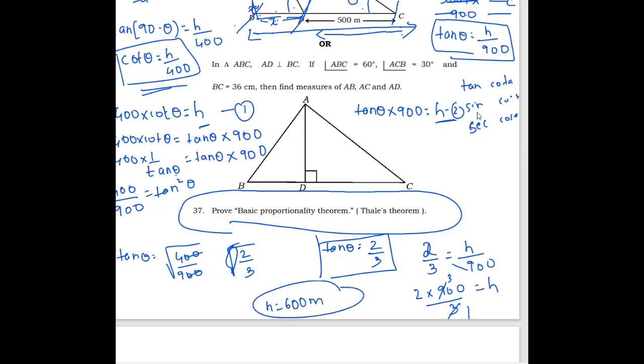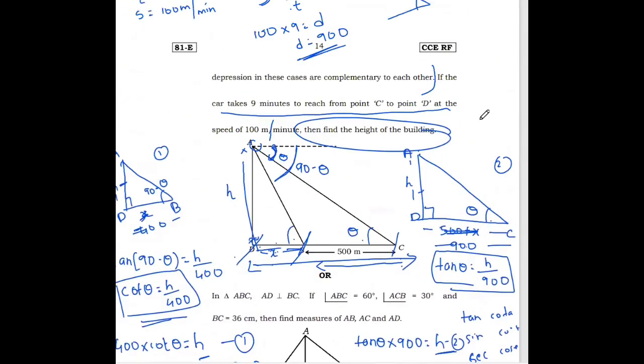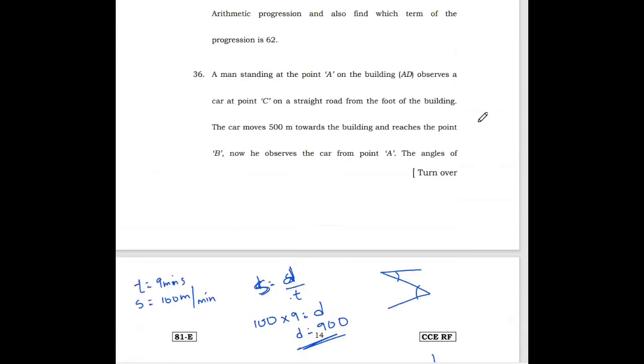So here remember, the basic idea is very simple. Always try to break into two triangles and break the dimensions. In all these problems you will have one common side. Here the height was common to both triangles. So you apply tan twice, and then whatever you applied will get equated somewhere. After you equate, you get the value, and then it is just simplification. This problem is very good, a standard question, very standard.